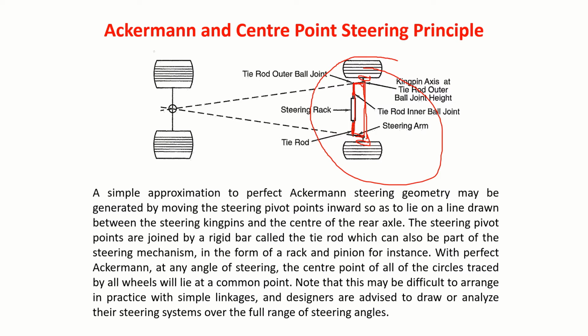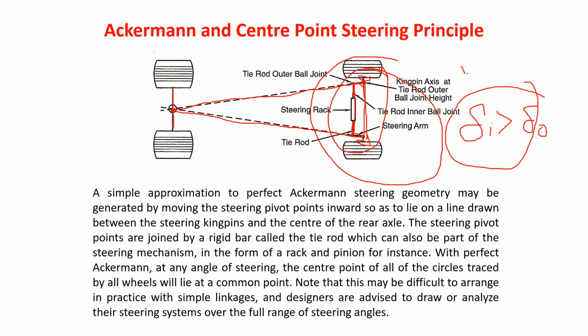And the steering arm, if I just produce it, and for this steering arm also, if I just produce, the lines that are produced will meet at the center of the rear axle. Then if we design the geometry in this way, delta I will be greater than delta naught when you are taking a turn, and it meets the Ackermann requirement.